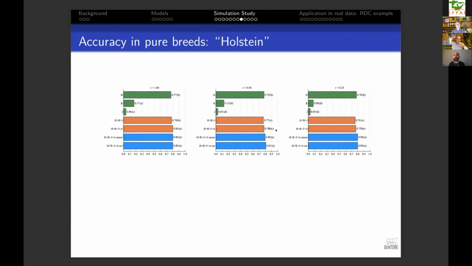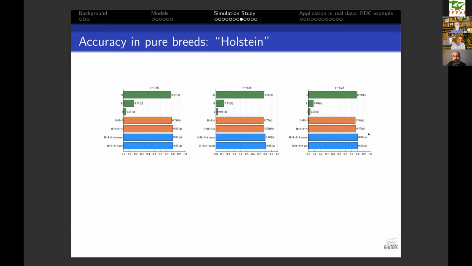And that wasn't the case for Jersey, most likely because in Jersey we had a smaller reference population, which needed more data. But for Holstein, we had a very large reference population, and adding more data didn't really help.